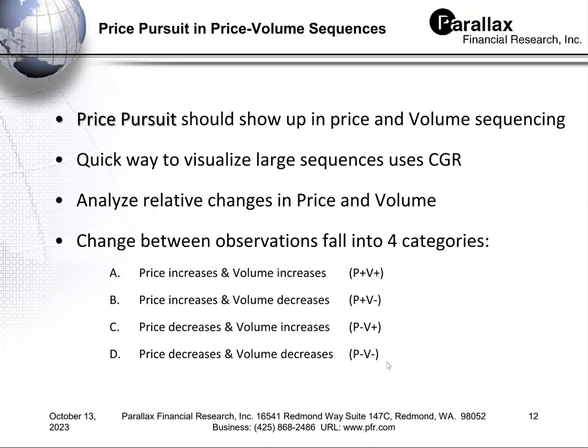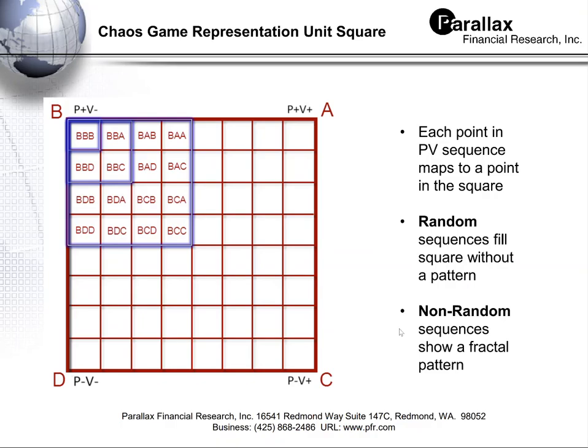So what I did was I used a visualization tool that was published in Barnsley. I forget who developed it; somebody developed it before that. But what you can do is identify these 4 categories on a square and go back through, say, the Dow Jones, all the way back to its inception, and make a picture based on the everyday state of price and volume.